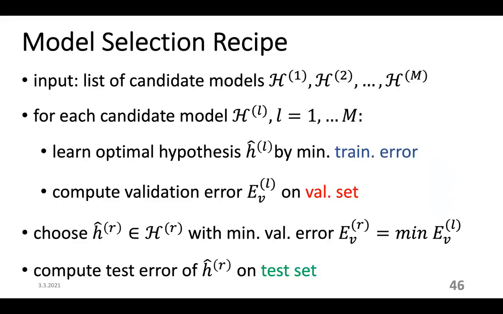So one possibility could be, when you have a classification problem, to use as candidate models logistic regression and decision trees, but you don't need to stick to these two models. Then for each model, learn or train the optimal hypothesis by minimizing the training error, and then compute the validation error of the resulting hypothesis that you got out of the training.